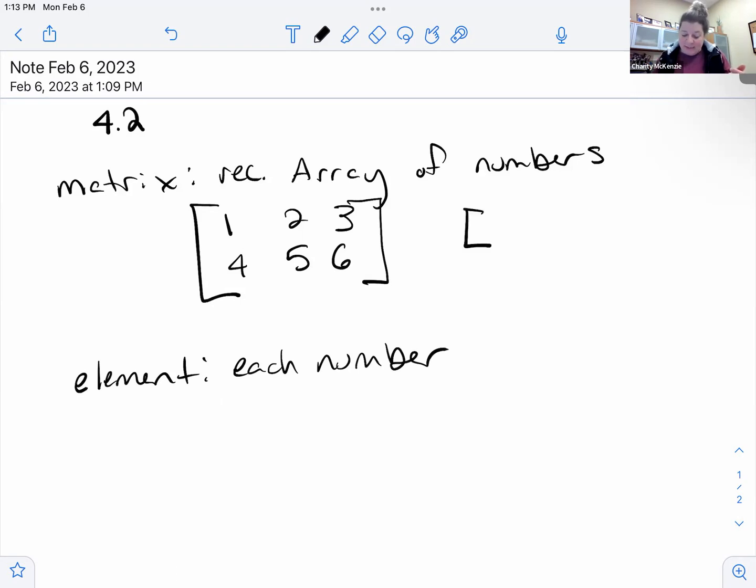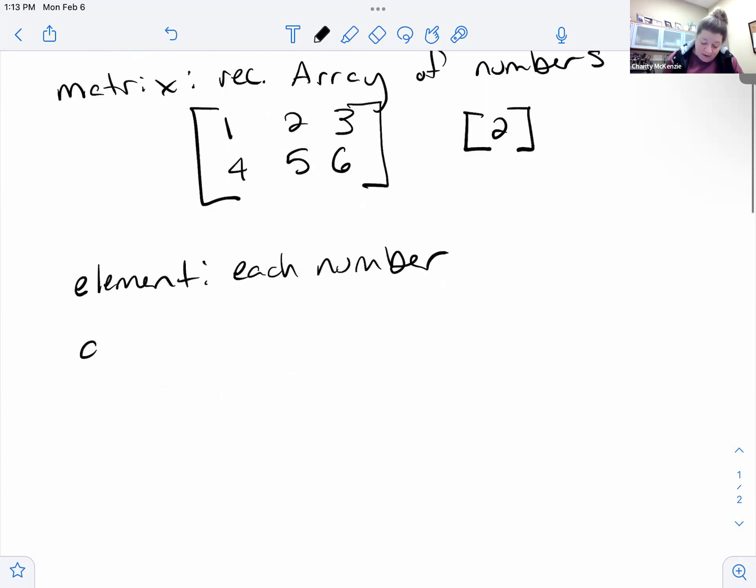This is another example of a matrix. I can have one number in it, the number 2. Still a matrix. It's pretty pointless because it's so small and has one element, but that's how it goes. Then I have dimensions of our matrix.